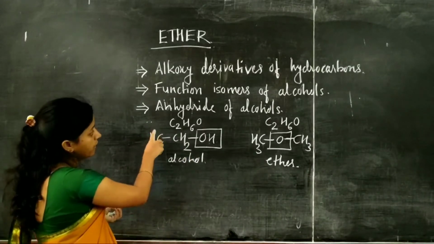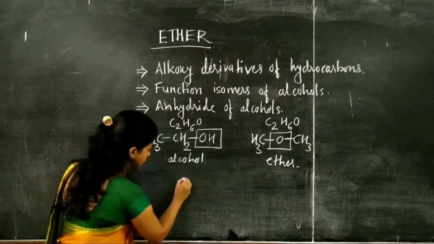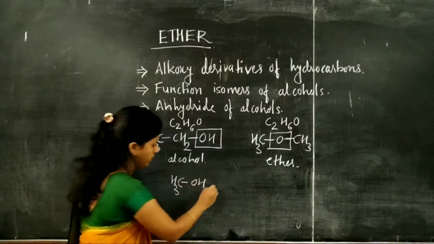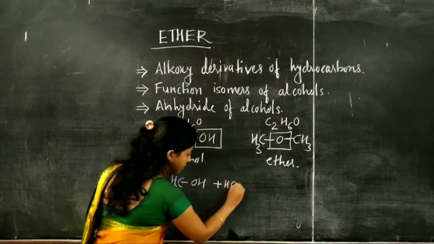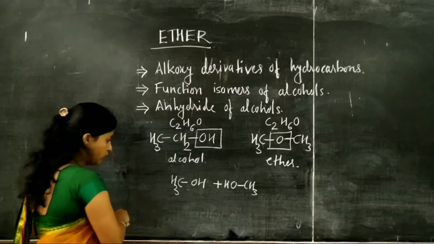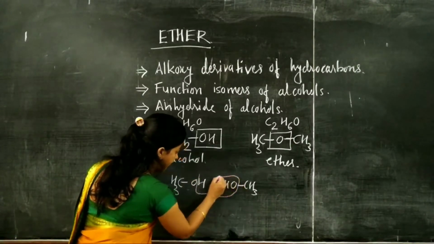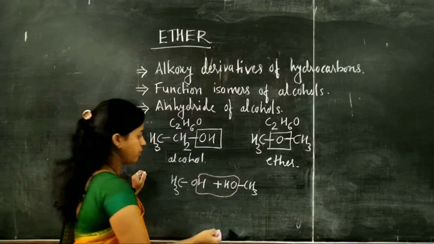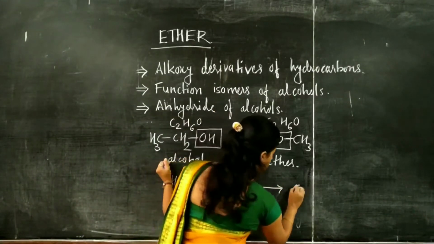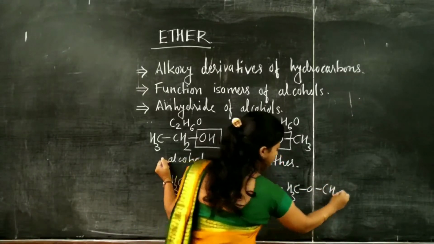Now these are also called anhydrides of alcohols. When two alcohols, for example two methanol, combine, there is removal of water, that is dehydration, an elimination reaction, and it gives you a compound, that is dimethyl ether plus water.